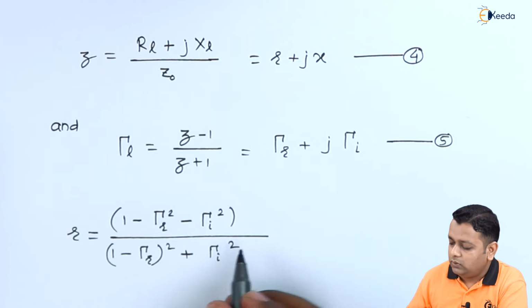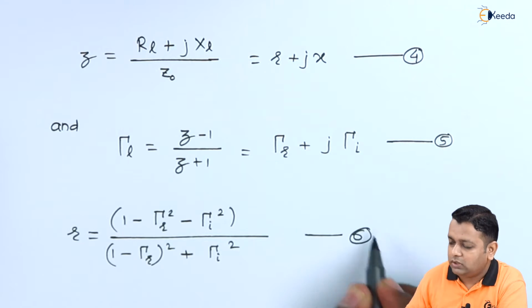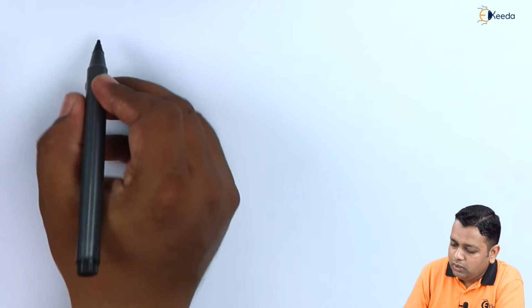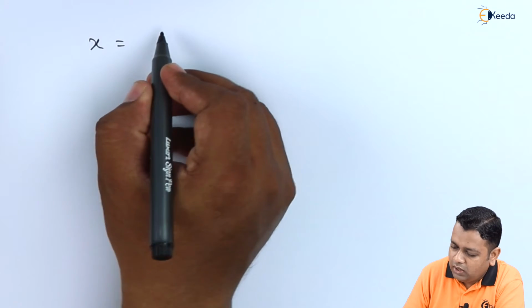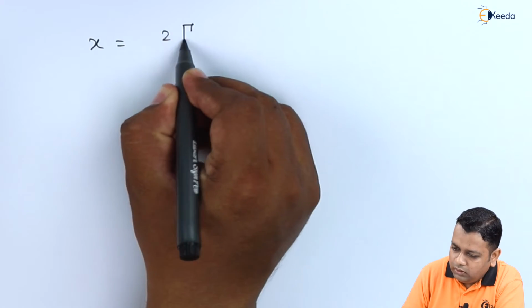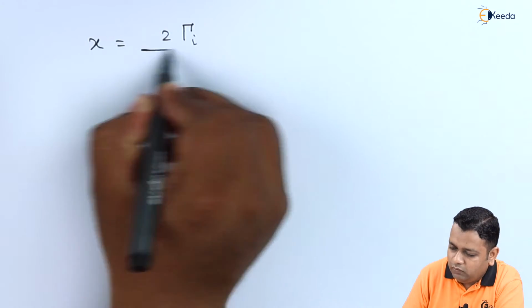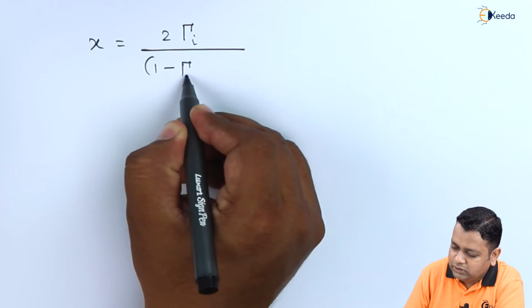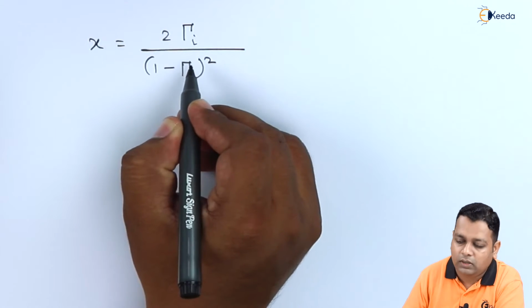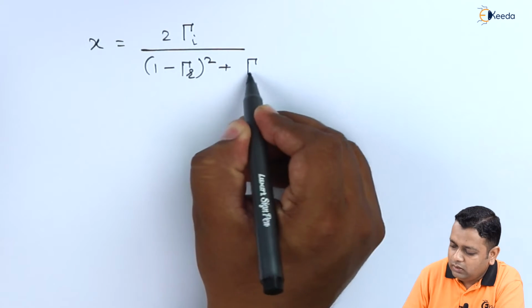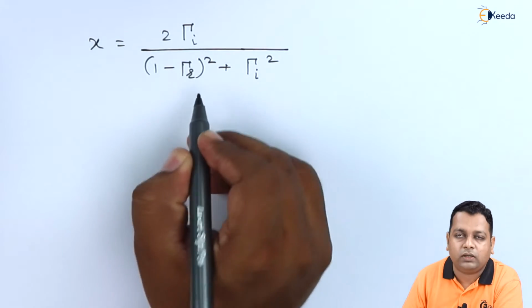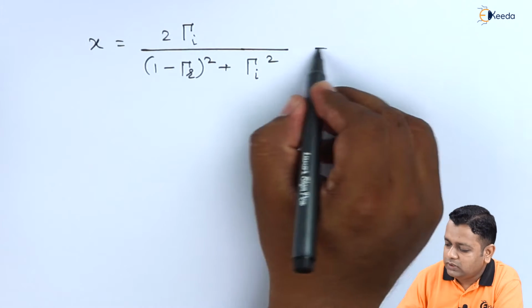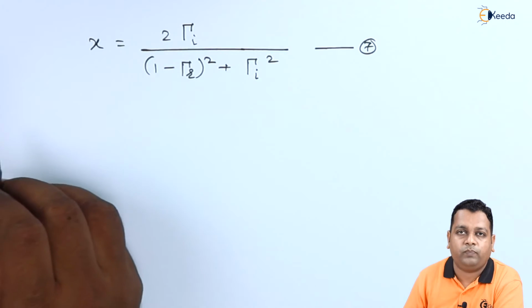Let this be equation number 6. The other component, small x, is expressed as twice of gamma suffix I divided by 1 minus gamma suffix r, bracket squared, further added with gamma suffix I squared. This is equation number 7.